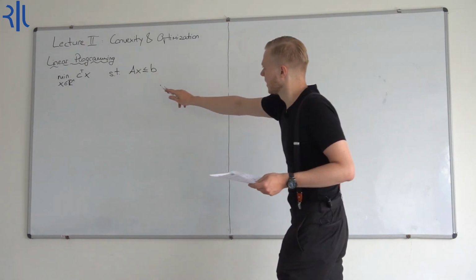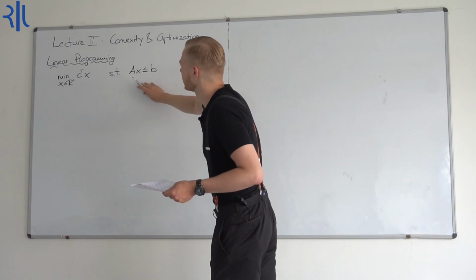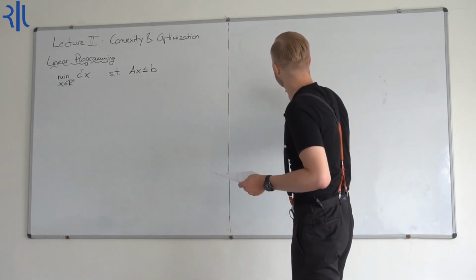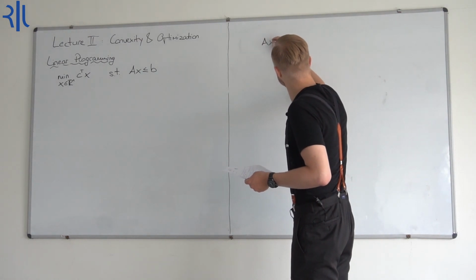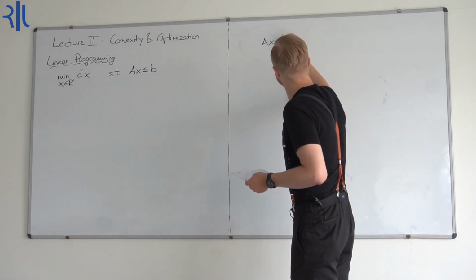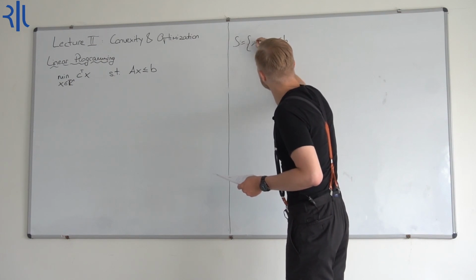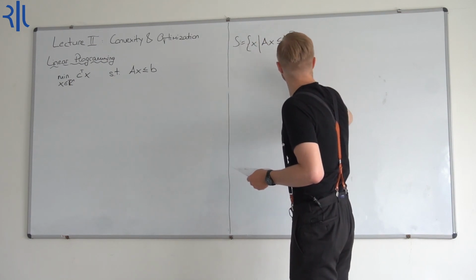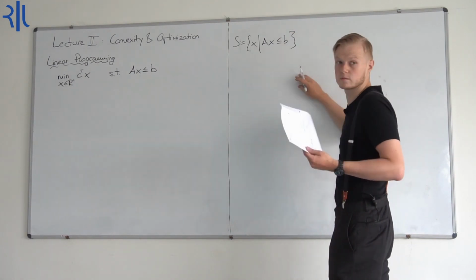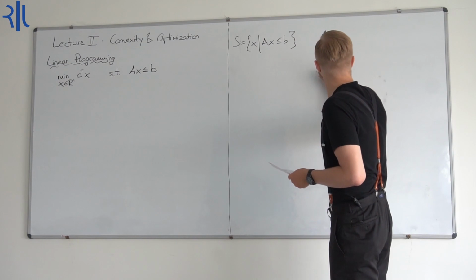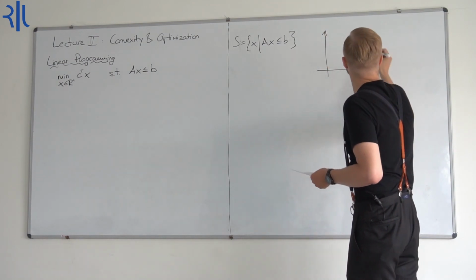So what does the set, which we call the feasible set, everything that is allowed, look like? We just have to think about half spaces. Let's look at a two-dimensional case.